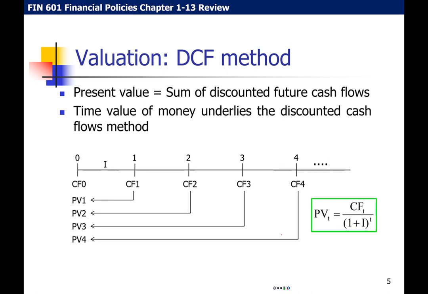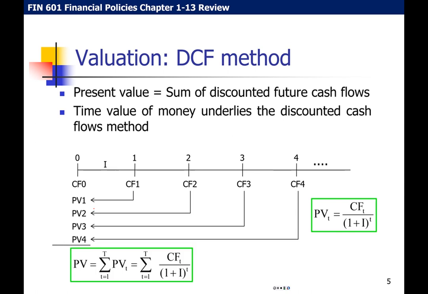So we do this for each of the cash flows and find the present value of each as of today. And then we add them up to get the present value of all future cash flows. All right, so this is essentially what you do with a discounted cash flow method.